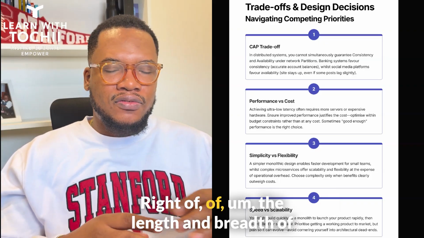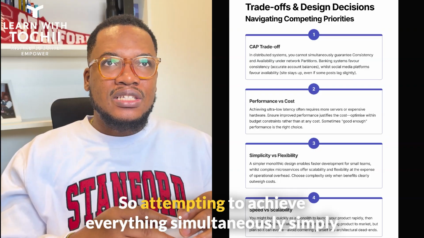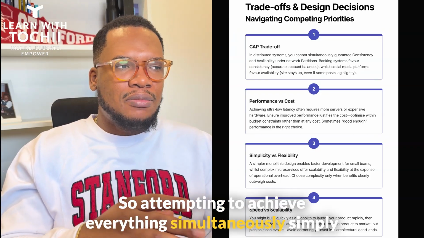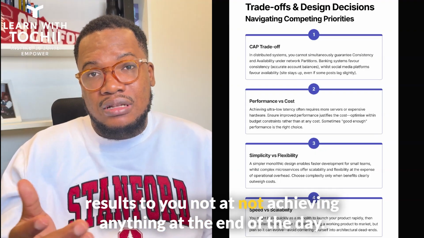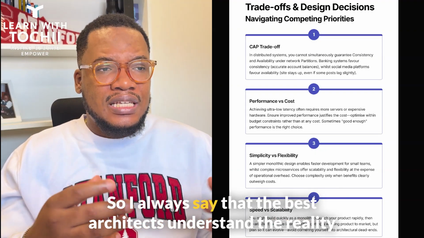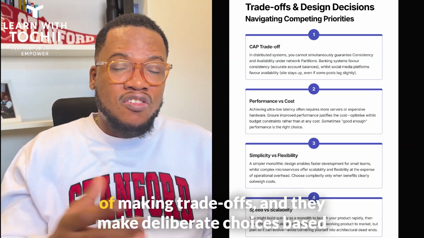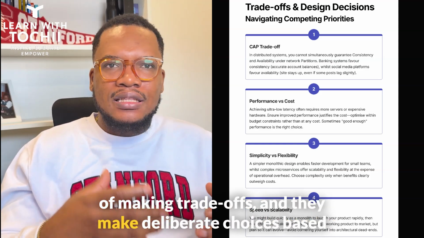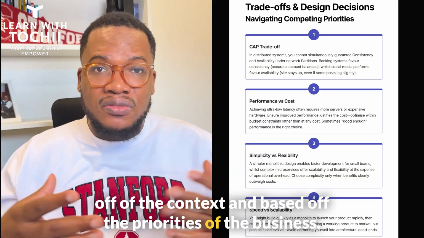Attempting to achieve everything simultaneously results in you not achieving anything at the end of the day. So I always say that the best architects understand the reality of making trade-offs, and they make deliberate choices based off of the context and the priorities of the business.